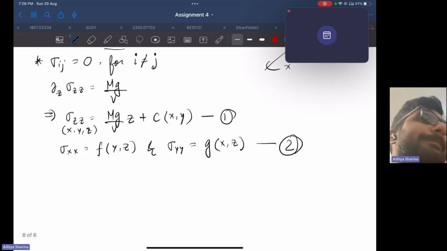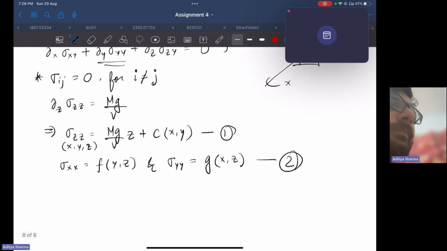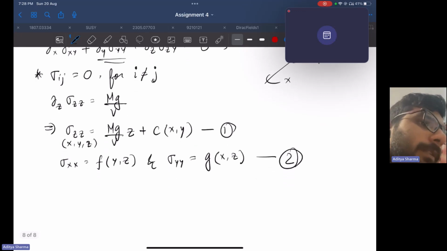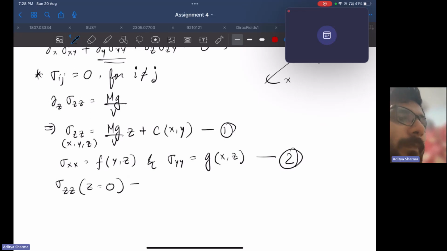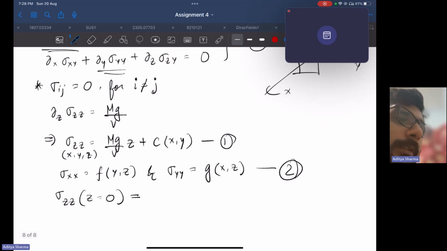Now we have been assuming the force is uniform at z equal to 0. Suppose it is a uniform force, then at z equal to 0 you are going to get c of x, y.